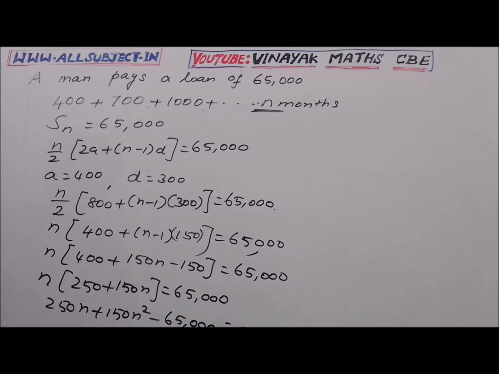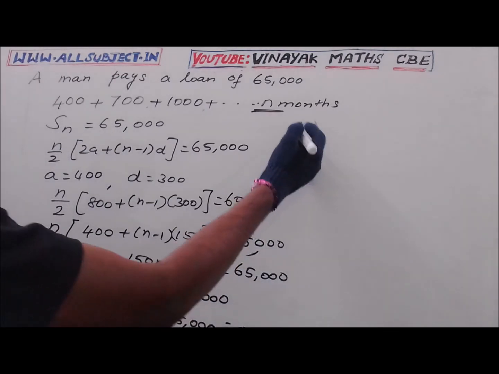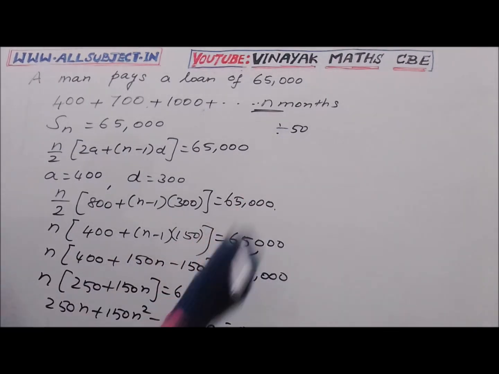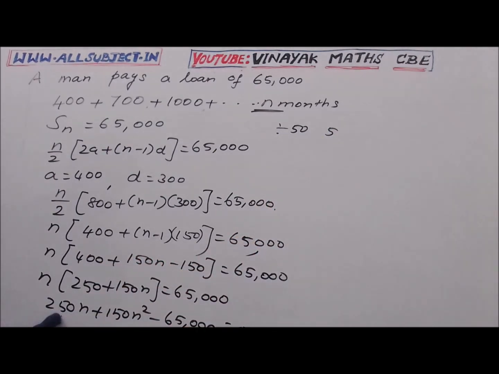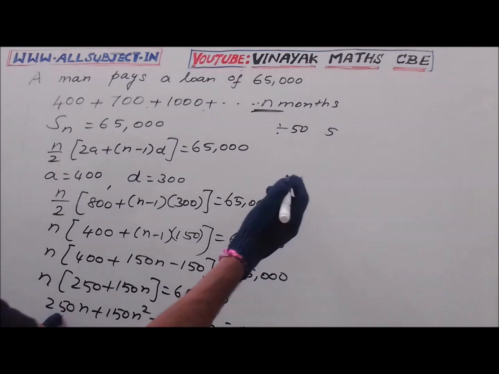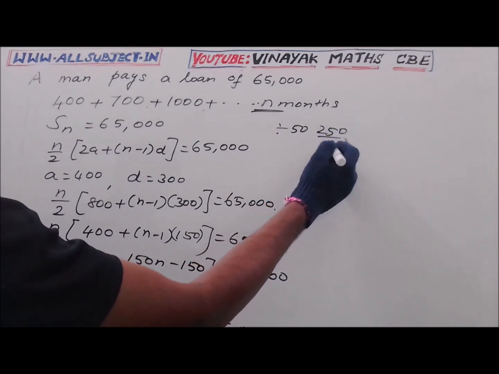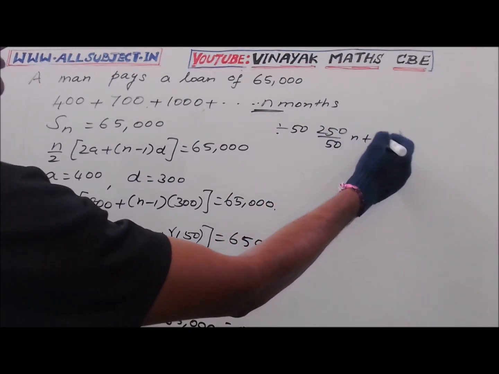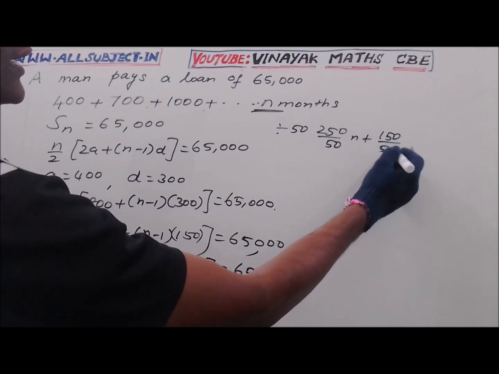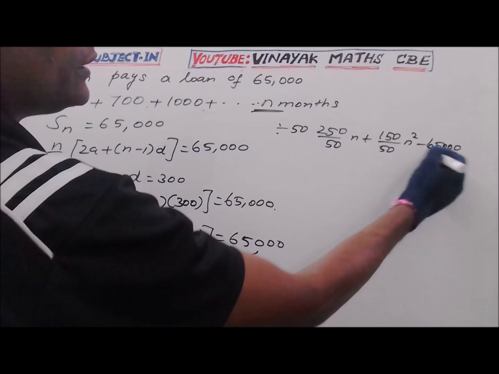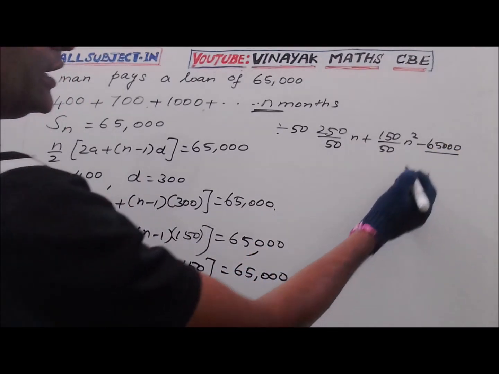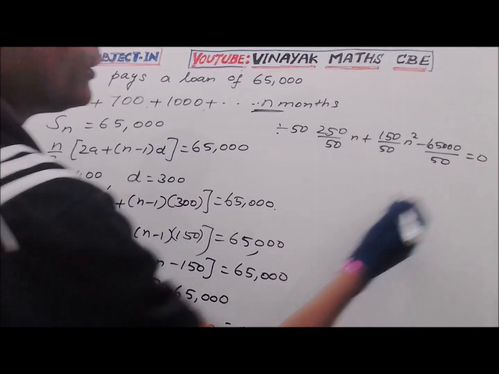Now dividing it by 50, we will get 250 divided by 50 n plus 150 divided by 50 n square minus 65,000 divided by 50 equal to 0.